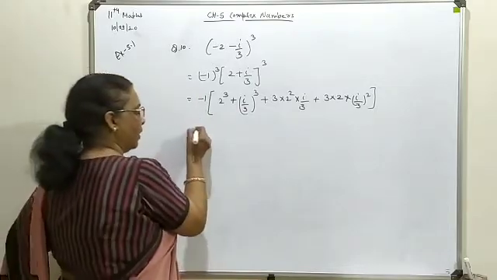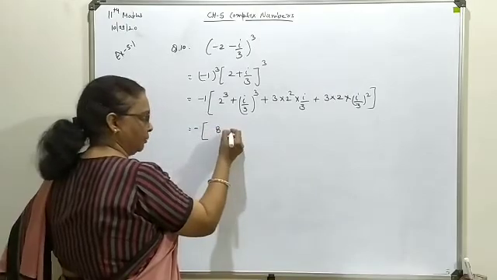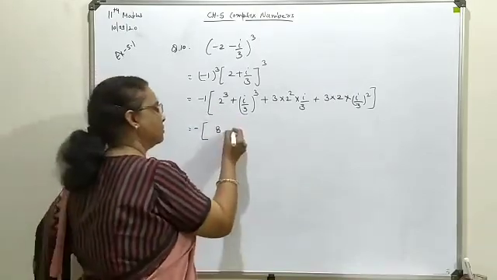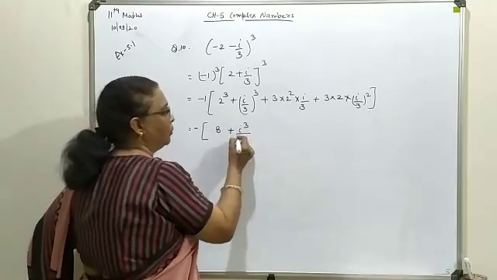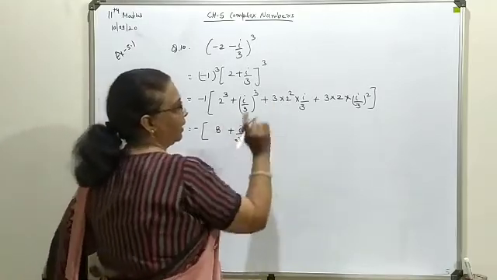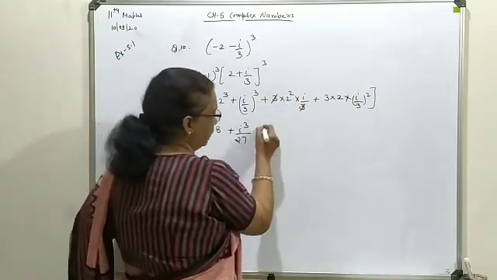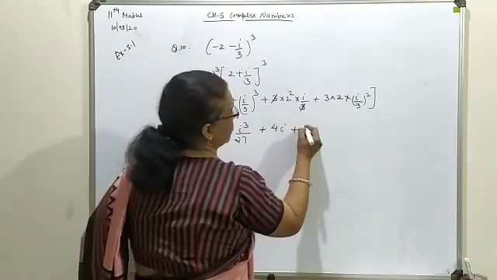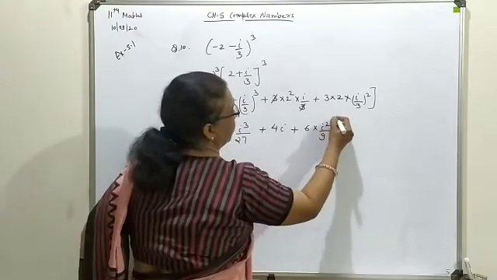Now keeping this minus outside, 2 cube means 8. Iota cube means minus iota. 3 cube means 27. Here this will be cut. This is your 4 iota. Here this is plus 6 into iota square upon 9.